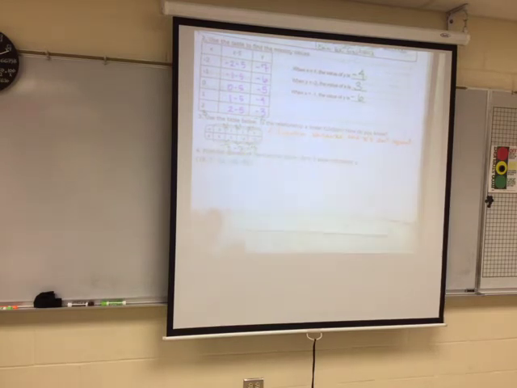So here, do I have a constant rate of change in my x and y values? Yes, so I'm going to say a linear function because, oh, I forgot an E. Sorry. There is a constant rate of change.